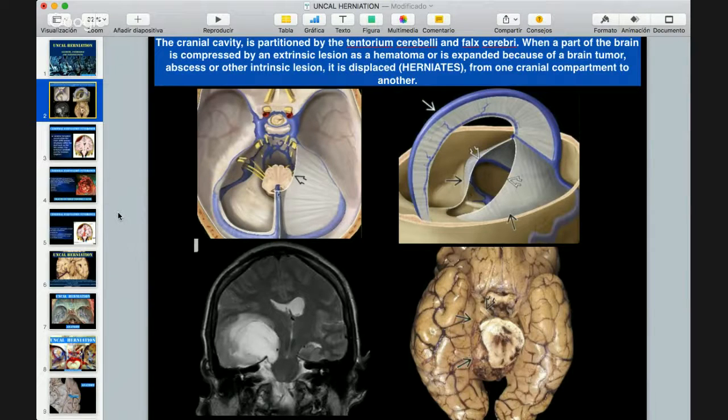When a part of the brain is compressed by an extrinsic lesion, the brain is displaced, herniated from one cranial compartment to another. Here, this is the tentorium, the falx, and these are the different compartments. This is a brain herniation on MRI and pathological specimen.